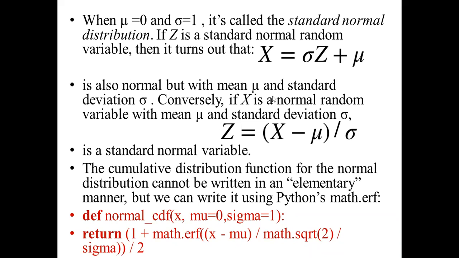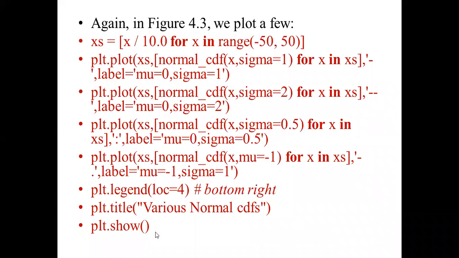For implementing these functions, we can go for defining the methods. We have these functions for different values of sigma and mu. For example, I'm having sigma 1 with a range between minus 50 to 50, then sigma 1, sigma 2, sigma 5.0, and then sigma 1.